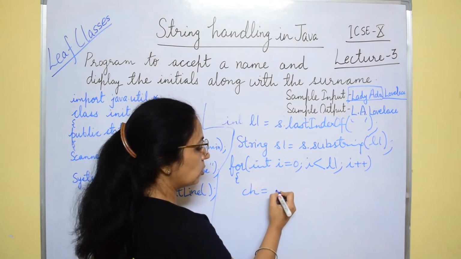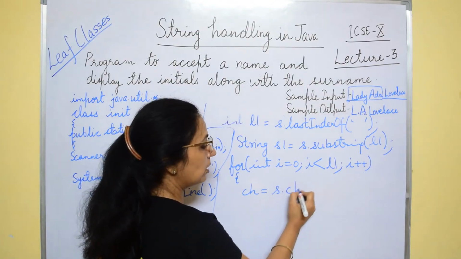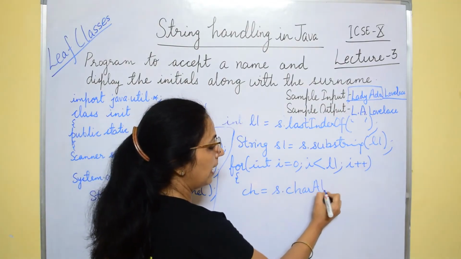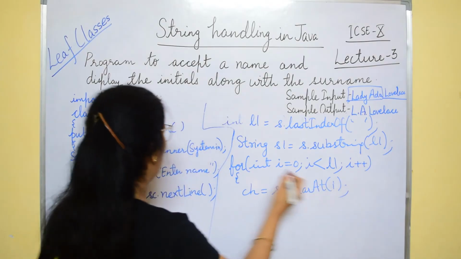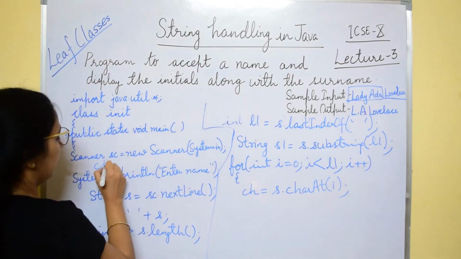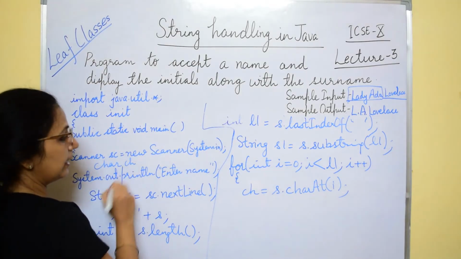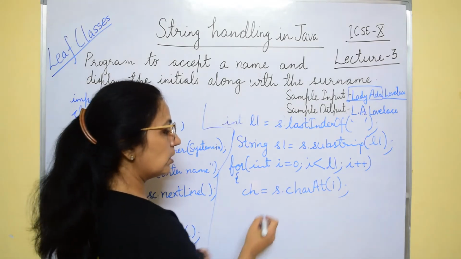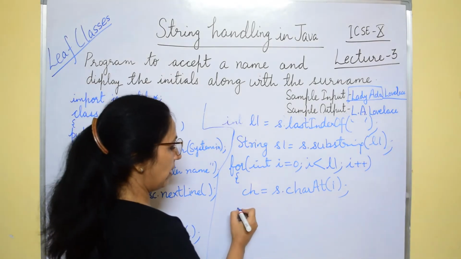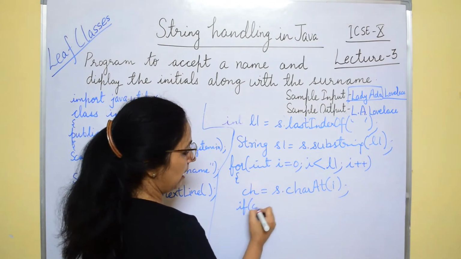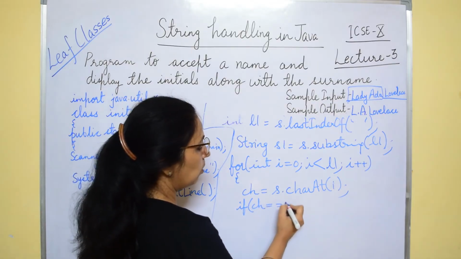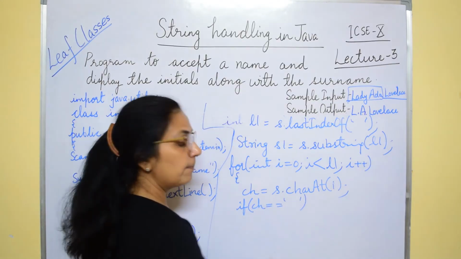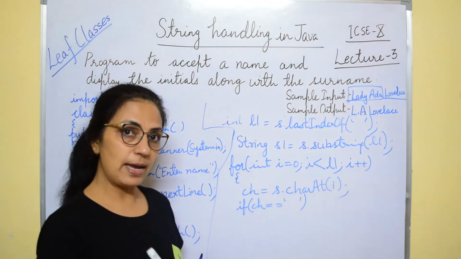ch equals s.charAt(i). We can declare the char ch here, ch equals s.charAt(i). Now you will check if ch is equal to space. If it is a space, what do we have to do?